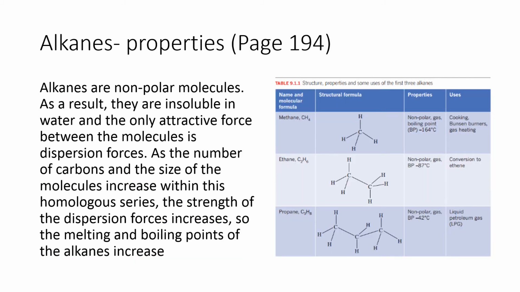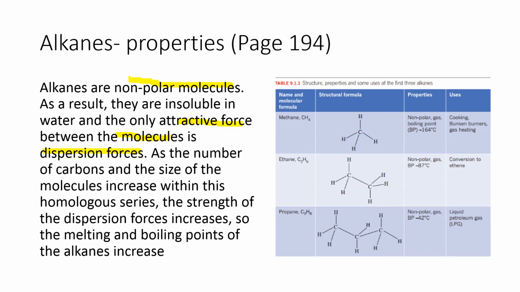Alright, so now we're looking at the properties of alkanes. You see, alkanes are non-polar molecules. As a result, they are insoluble in water, and the only attractive force between the molecules is dispersion. Why do they only have dispersion forces? Going back to what we discussed when talking about intermolecular bonding, bear in mind that alkane structures are non-polar. How do we know?